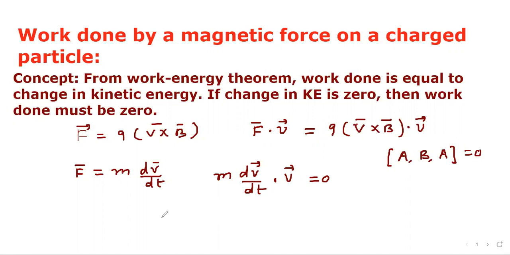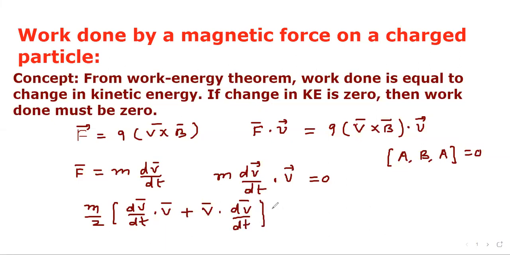So we can write it as M by 2 (dV upon dt dot V plus V dot dV upon dt). The same thing is repeated, equal to 0, or M by 2 d upon dt of V dot V equal to 0.